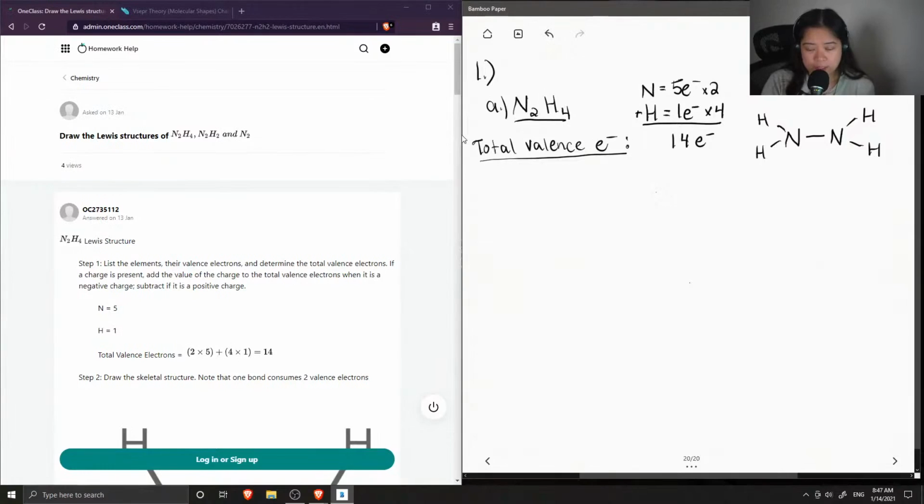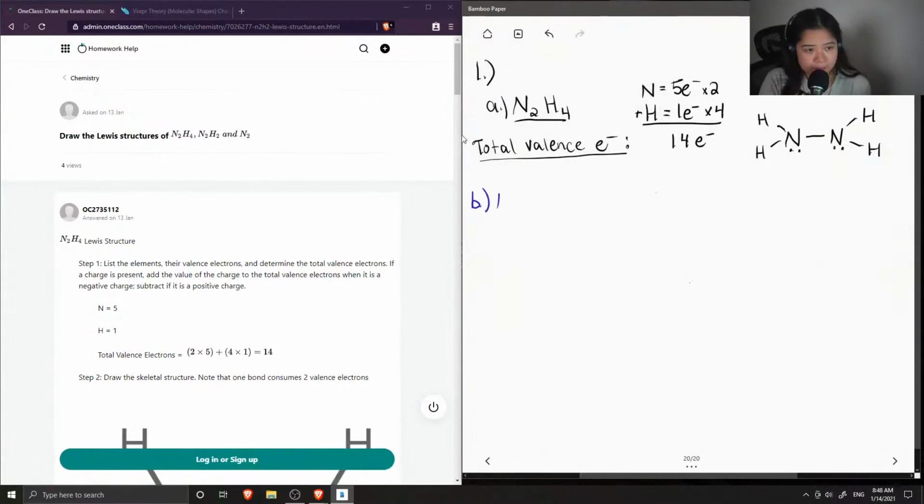So each bond contains 2 bonding electrons, and we have a total of 5 bonds, so we have 10 electrons drawn so far, so I just need 4 more. So I'm just going to put a lone pair on each of my nitrogens. Okay, so that's the Lewis structure for part A.